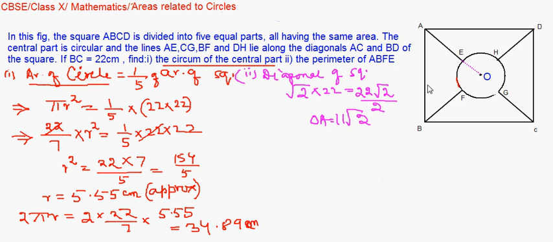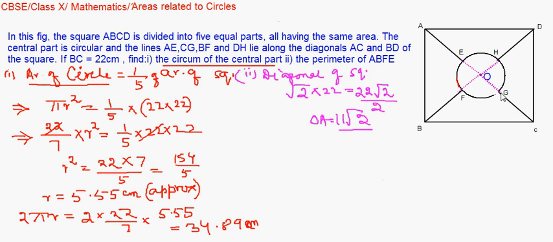But I only need AE. So if I subtract the radius from this, I'll get AE, right? Let this be as it is, because I also need to join this part as well.